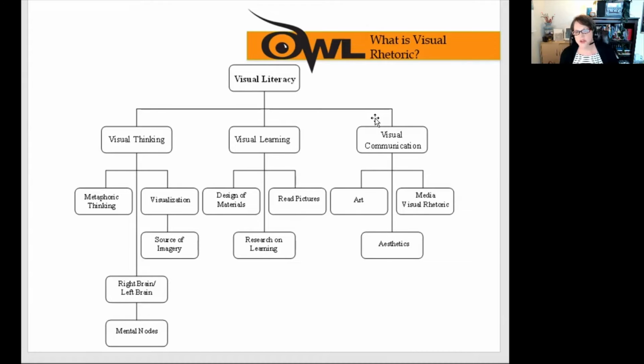But in visual communication or visual rhetoric, we're talking about art, media, visual rhetoric, aesthetics, and these are all various ways of the cognitive processes of the brain during communication and learning. So I think this is a really cool graphic diagram that kind of splits things into different parts.